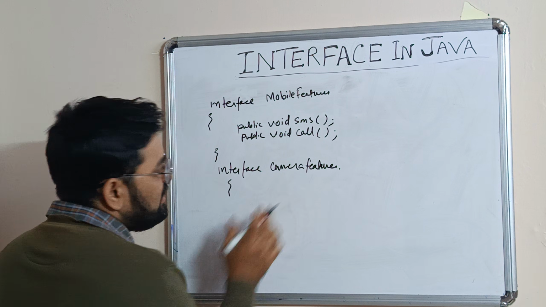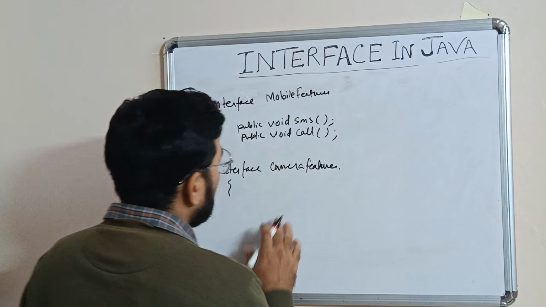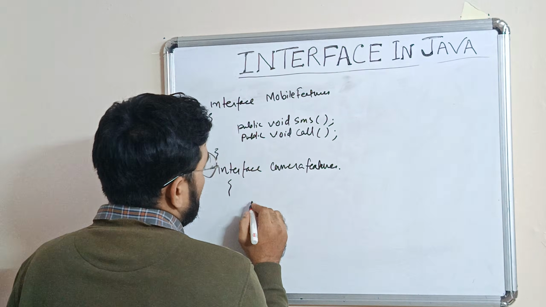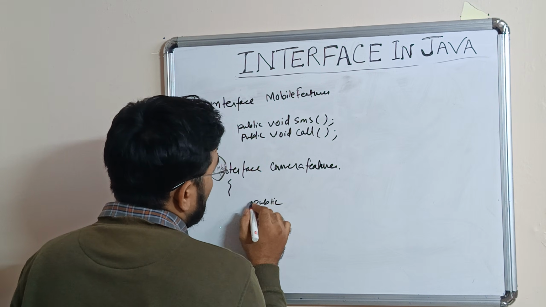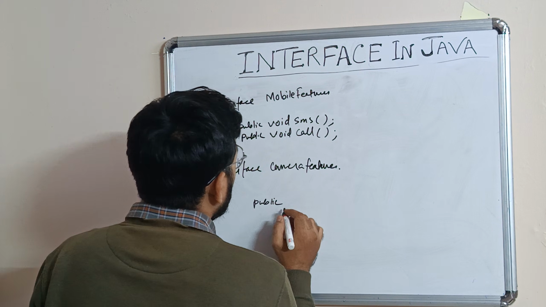In this interface, whichever methods are declared are abstract, with the body completely hidden. We can write public or not, it is taken automatically.